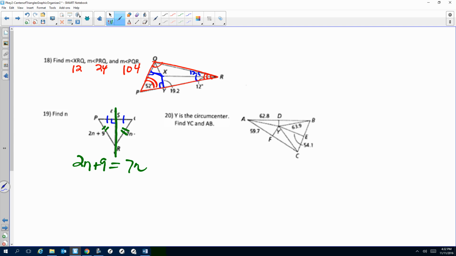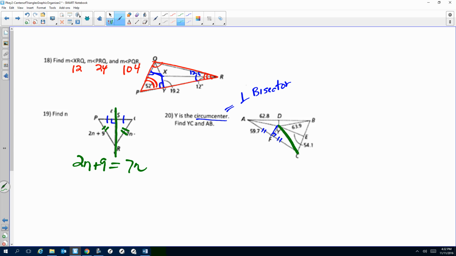And now it's telling me it's a circumcenter. That's our table. The orange table says the circumcenter is formed by the perpendicular bisectors. Okay, so this right here needs to be a box and tick marks. And they want us to find YC. Here is YC.